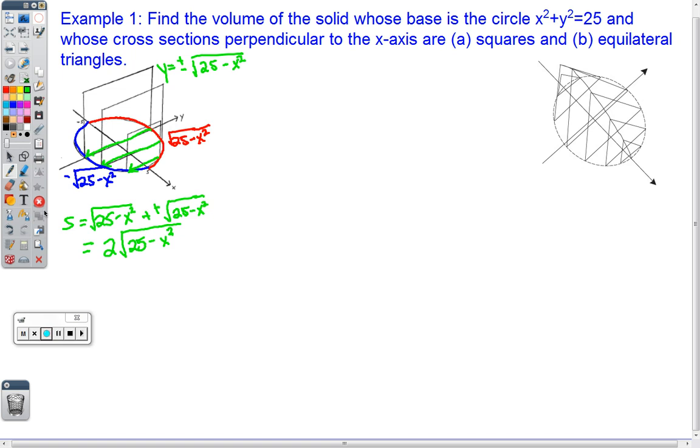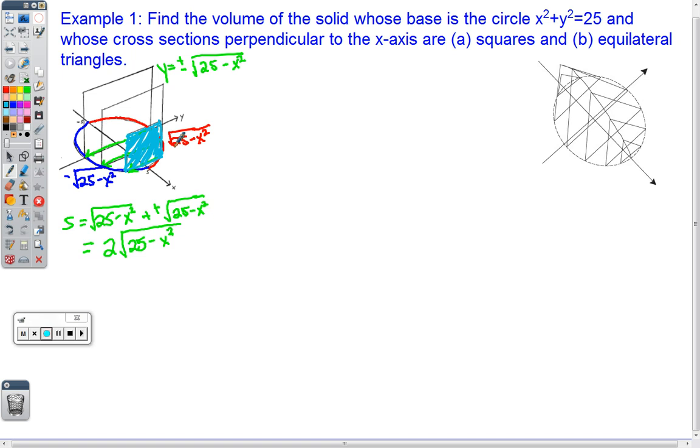Now, that's great, but we don't really care about one side. What we care about is the area, or at least I'm going to tell you that's what we care about for now. So let's see if we can figure out the area. If I could find the area of one of these guys, that shouldn't be too hard to find.